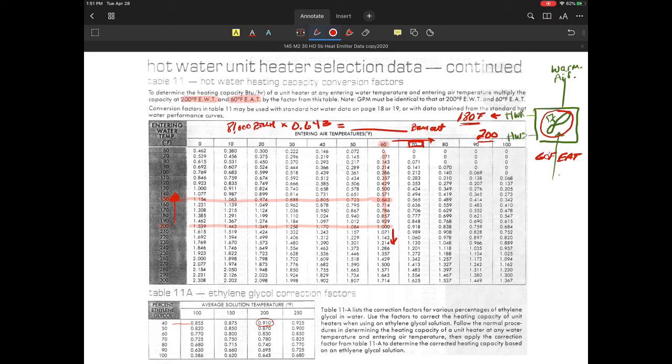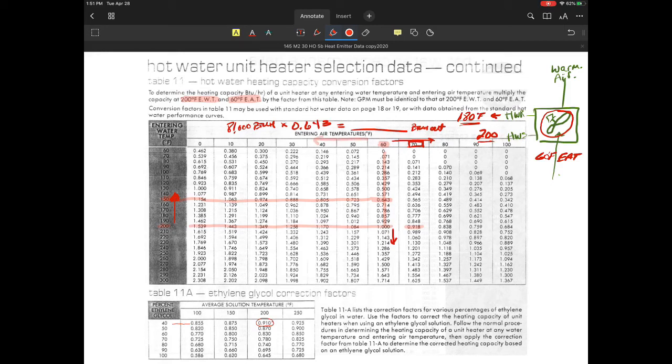At 70 degrees entering air temp, you'll notice that going from 60 to 70, at 200-degree entering water, you would have lost roughly 8 to 9% of the capacity. And again, as long as you have the capacity, it's not going to be a problem. If you are shy on it already, that might be an issue. So that's something to consider.